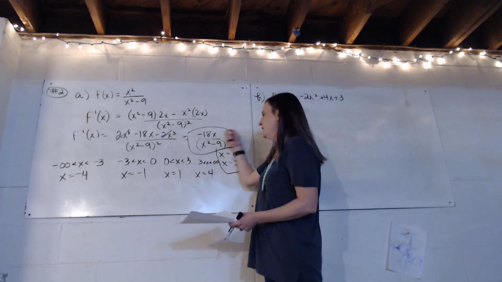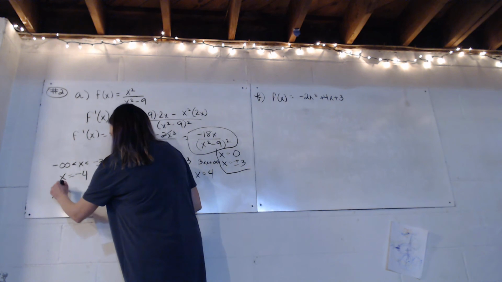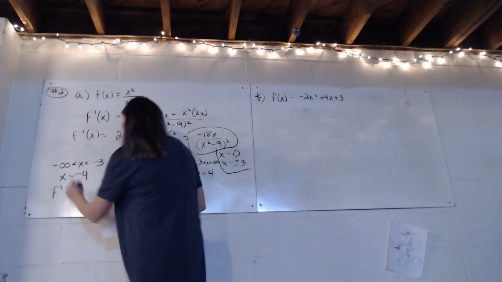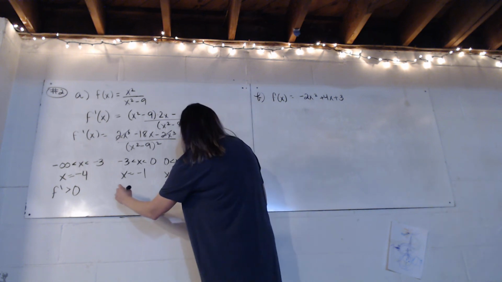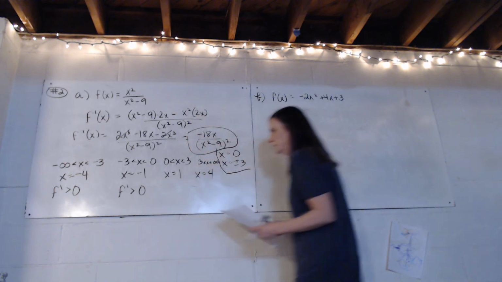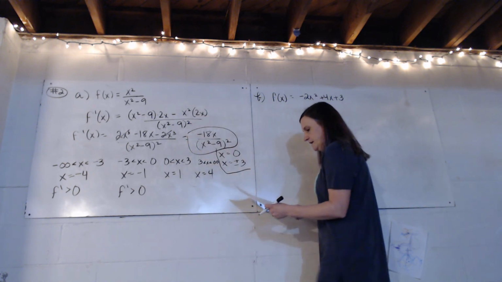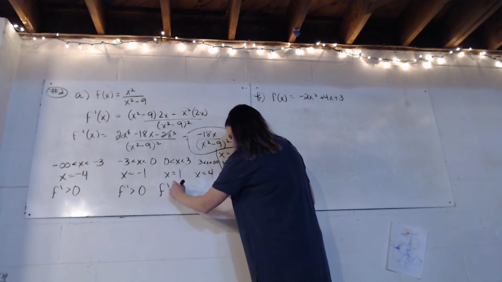When I plug negative 4 into here, I get a value that is greater than 0. When I plug negative 1 in here, I get a value that is also greater than 0. When I plug positive 1 in, I get a value that's less than 0.